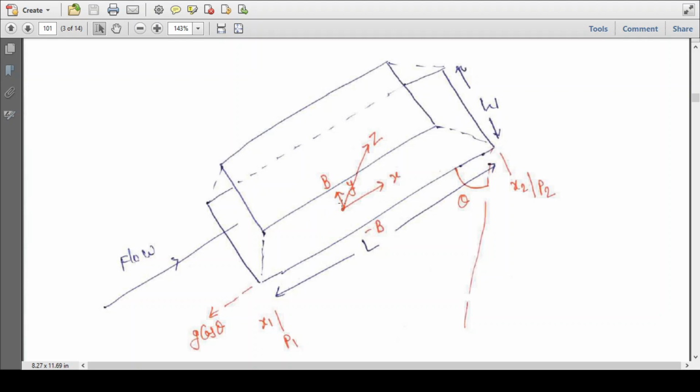The origin is considered in the middle of both plates, the top plate is at distance b and the bottom plate is at minus b, so the total gap between the plates is 2b.